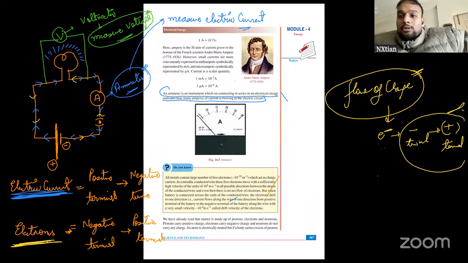As I told you, electrons always move from high concentration to low concentration. So the negative terminal of a battery has a high concentration of electrons, and the positive terminal has a low concentration of electrons. That's why the electrons move from the negative terminal to the positive terminal. Did you understand? Yes or no?